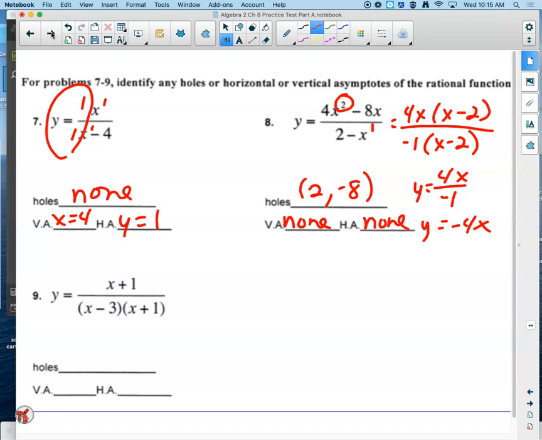Just because we're not guaranteed the other ones are going to work out here, I want to make sure you remember those. If the degree of the top is less than the degree of the bottom, what do we write? Y equals 0. If the degree of the top equals the degree of the bottom, what do we do? Funky fraction. Degree of the top is greater than degree of the bottom? None. And like I said, that's the kind of memorization piece that we do in Algebra 2.